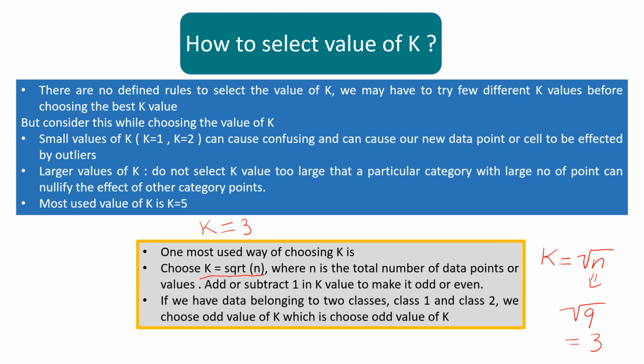What I can do is keep the values 1, 3, 5, 7, 9, all odd values, and look at the change in the pattern of accuracy while changing the value of k. That can give me a good solution towards optimizing the k value for the particular data set. So if we have data belonging to two classes, class 1 and class 2, we choose an odd value of k, varying the value with odd numbers.